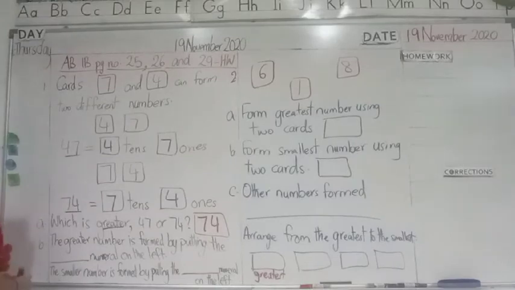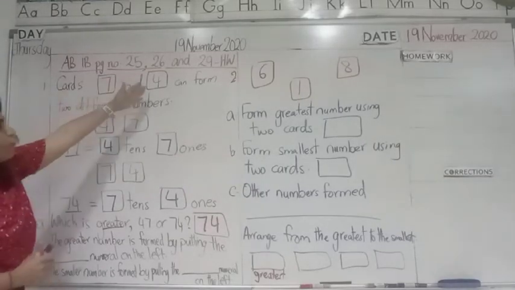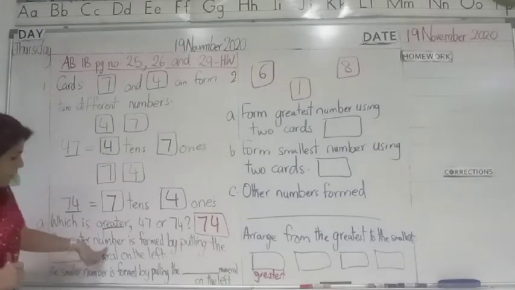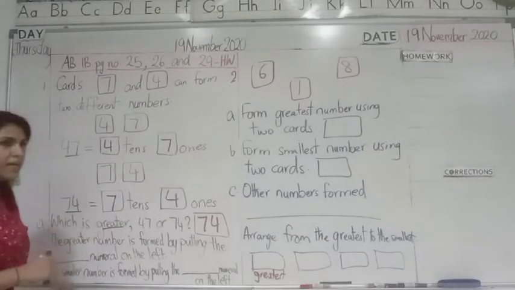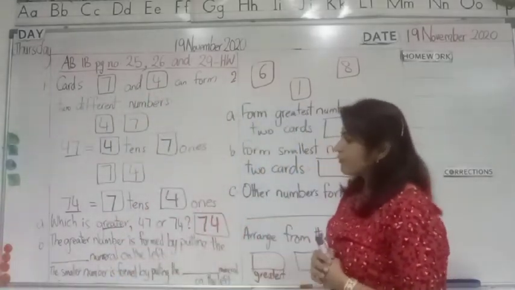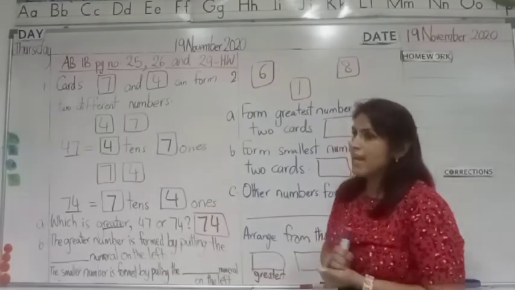So, if you have two numbers, for example 7 and 4, to make a greater number, what you have to do is put which number in tens place?